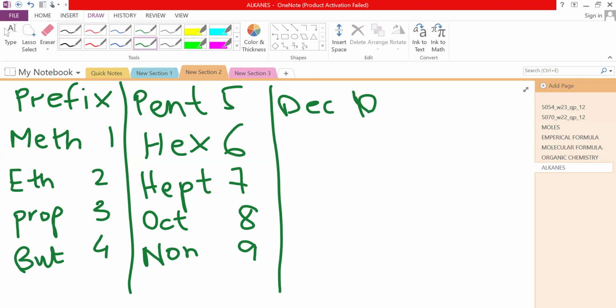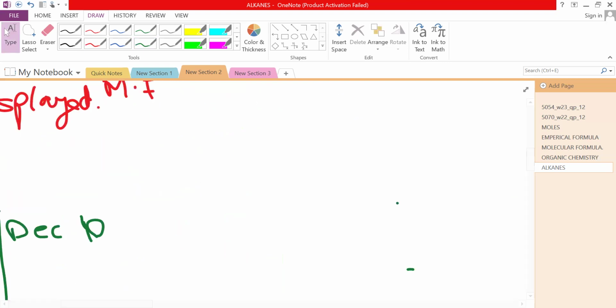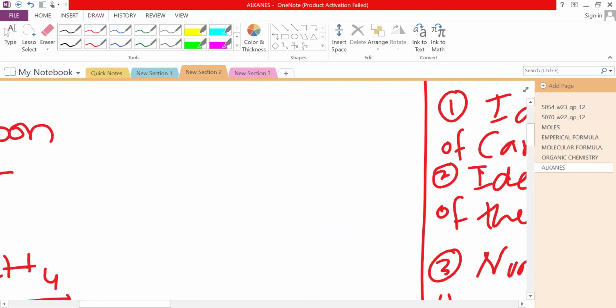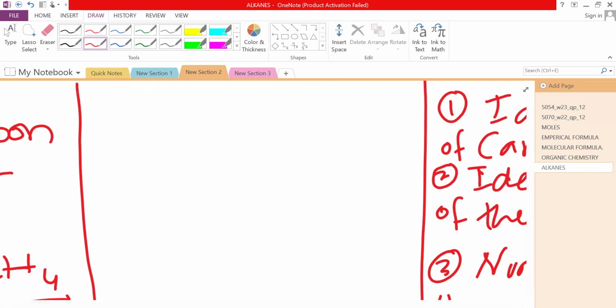Now let's move further towards branched and unbranched structures. Let me tell you what branched structures are. Branched structures are those structures that have two paths of carbons.